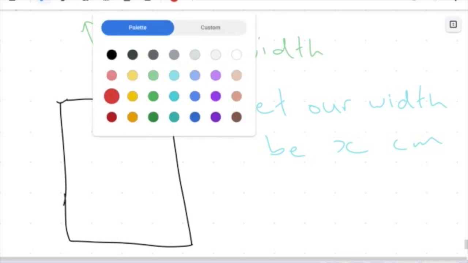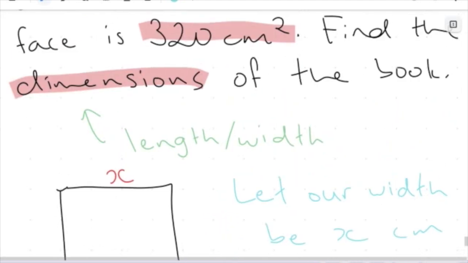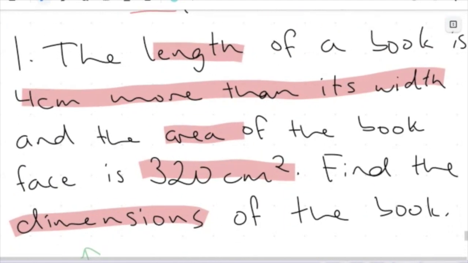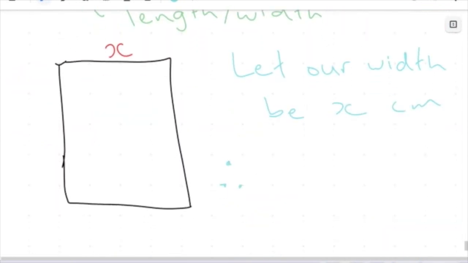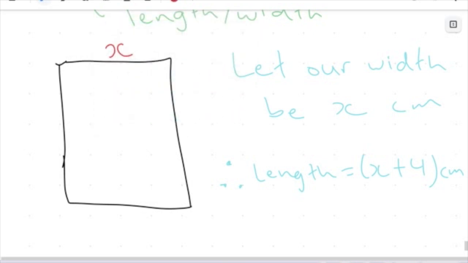So that means if our width is x centimeters, our length, our other dimension, is, from the question, 4 centimeters more than that. So therefore our length equals x plus 4 centimeters. So let's write that dimension in here. So one of these is x centimeters and another is x plus 4.